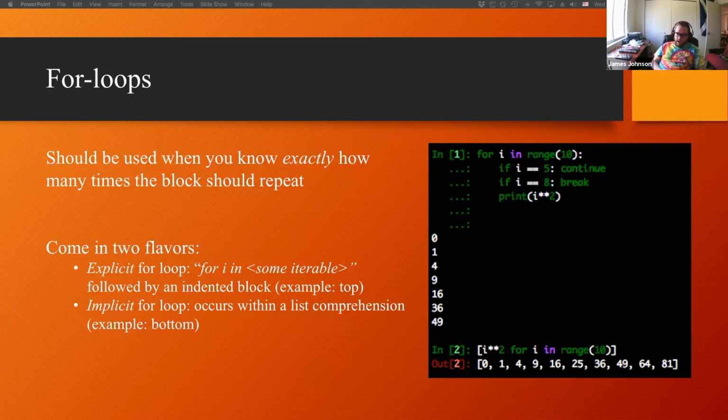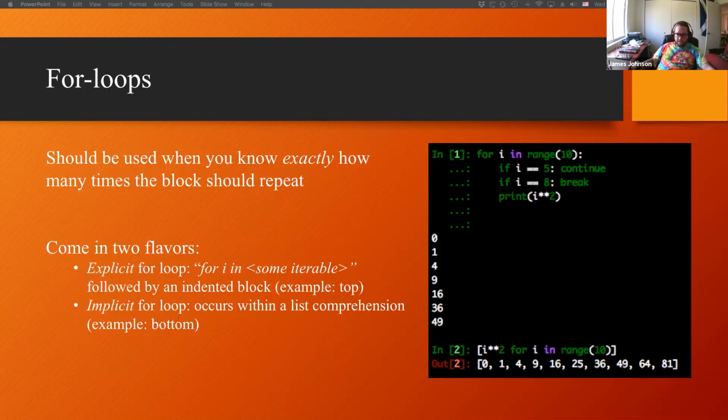So you can have for i in range 10. I could then, in this example, have another for loop built off of this one, which would iterate some number of times within another for loop. In this example, I'm just highlighting the usage of continue and break. Remember that range 10 is just the integers 0 through 9. Range is a built-in function which will start at 0 and count up until you hit some endpoint.